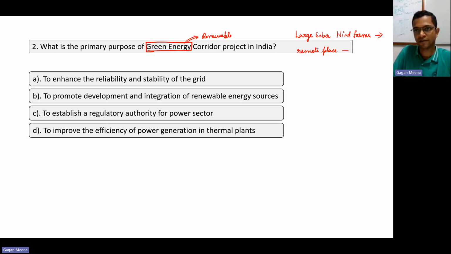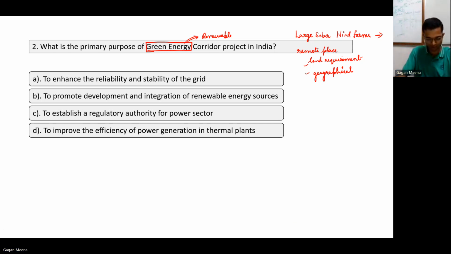First is the land requirement, then the second one is the geography. They are location specific. The quality of the wind or solar resource depends upon the geography.